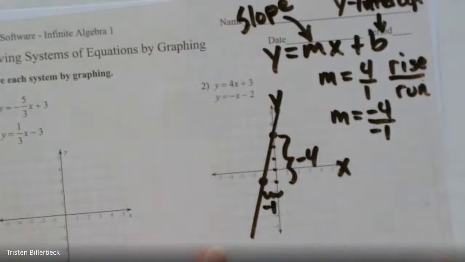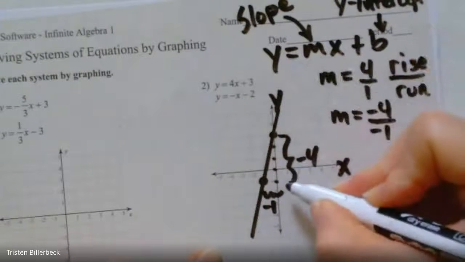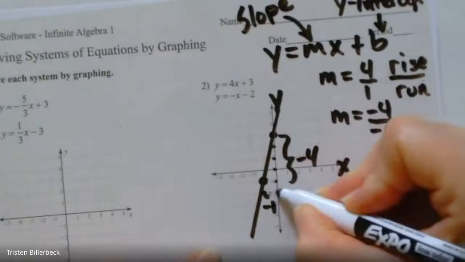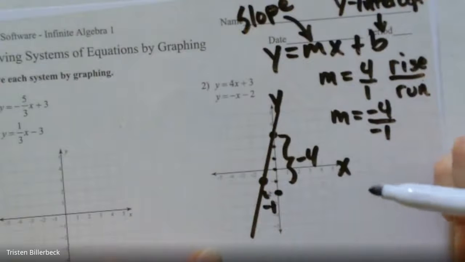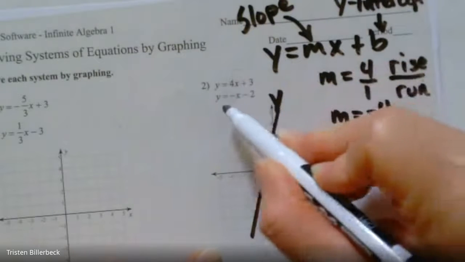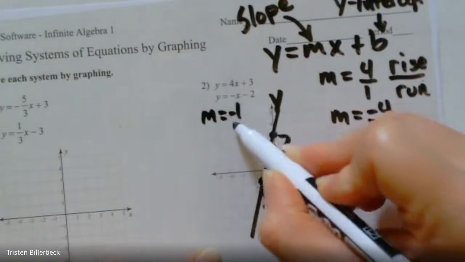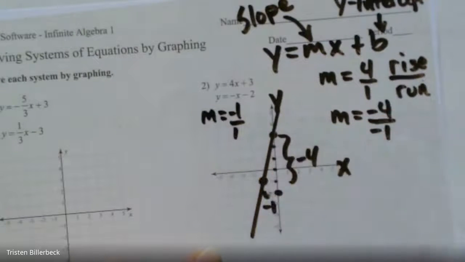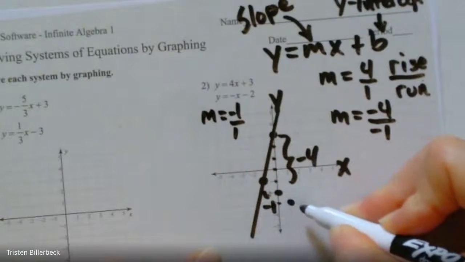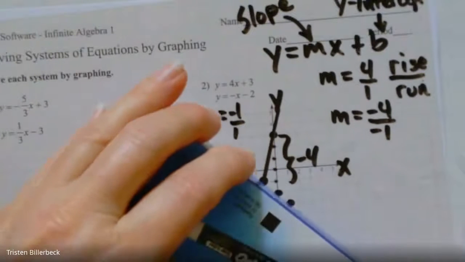Okay, so the next one, we have a y-intercept at -2. So I'm gonna make some room here. So right here, I have -2. And my slope for this one is -1. So m is -1, which is really -1 over 1. So it's rising -1 and running +1. So we can see right there where it's going to intersect.